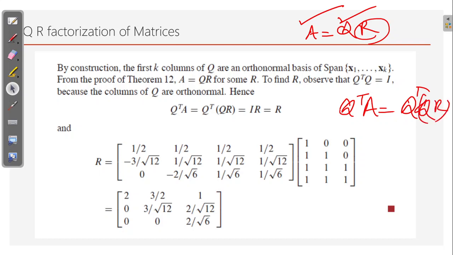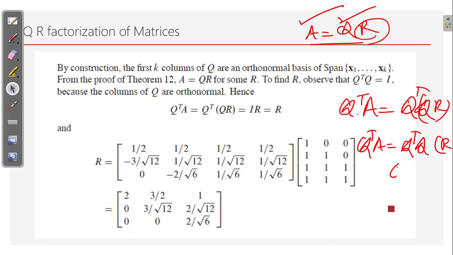That means I am pre-multiplying this equation by Q transpose. So Q transpose into A equals Q transpose into Q into R.